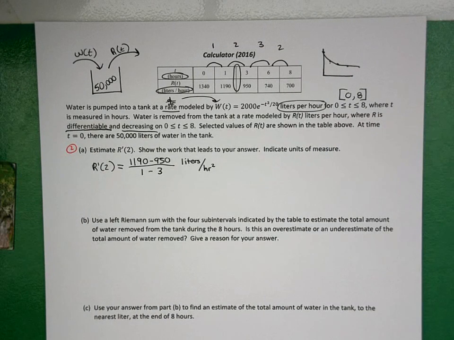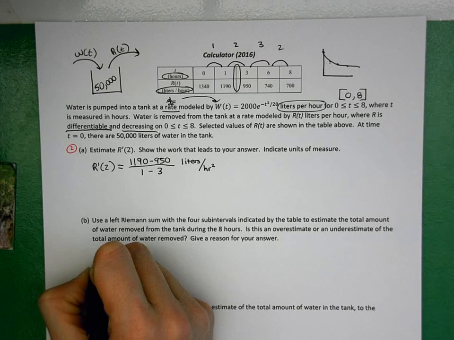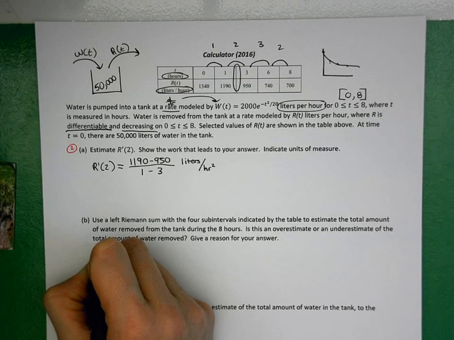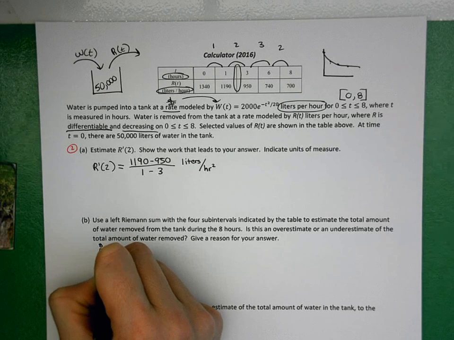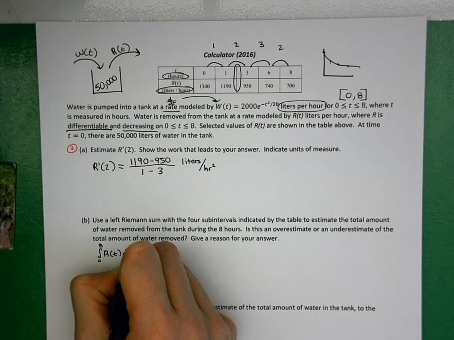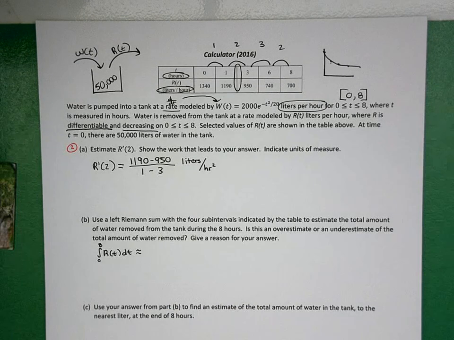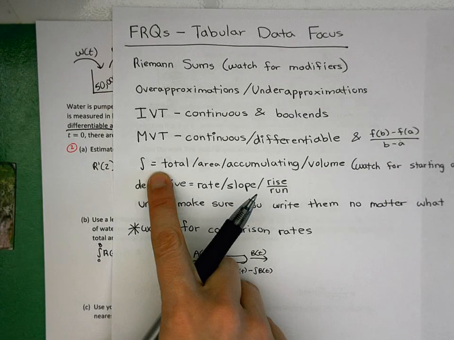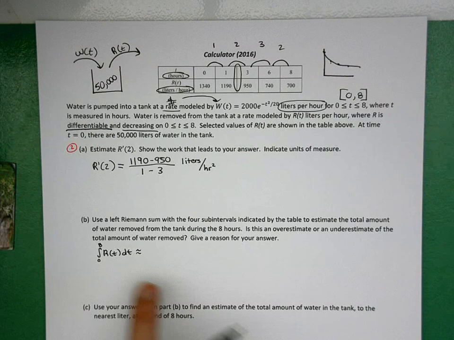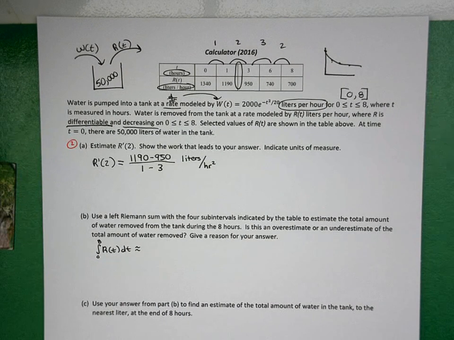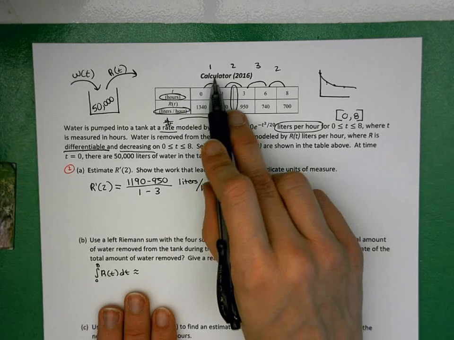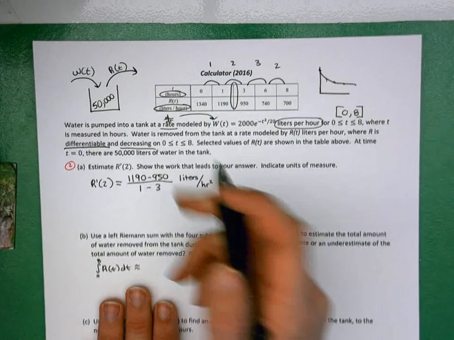Okay, so first up we have our left-hand Riemann sum to approximate my total being removed here. Remember, total is an integral. Okay, that's what an integral is. You don't actually have to have this written down if you don't want to, but I'm going to. Left hand then, we have our first distance here, which is 1, times the left hand side, which is 1340.